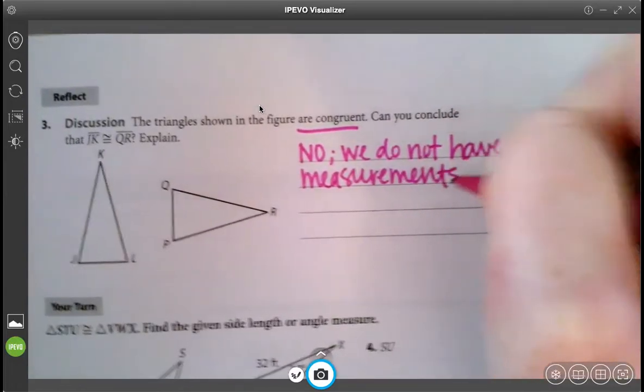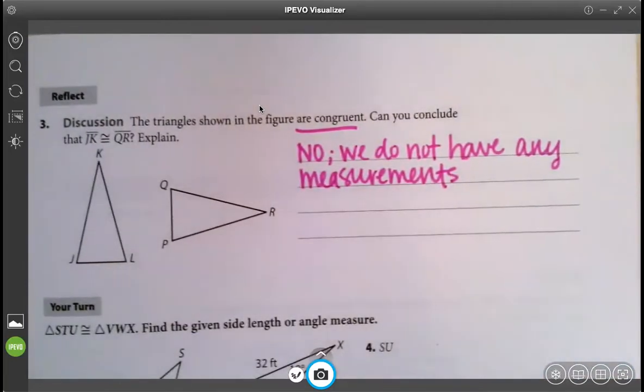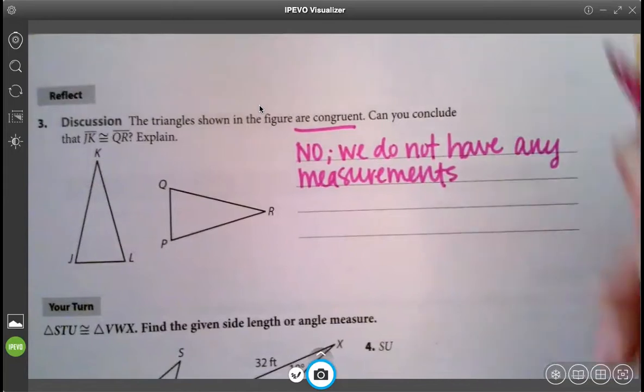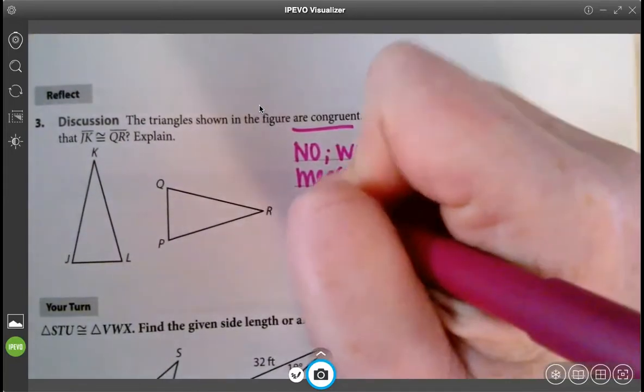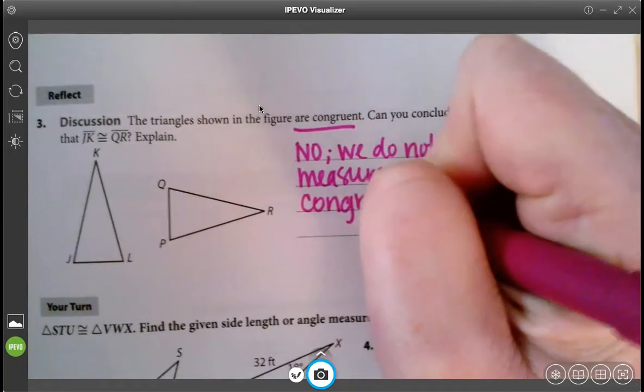That could be sides, that could be angles, because in a triangle, remember, we've got that angle-side relationship that lets us figure that out. We do not have any measurements or a congruence statement.